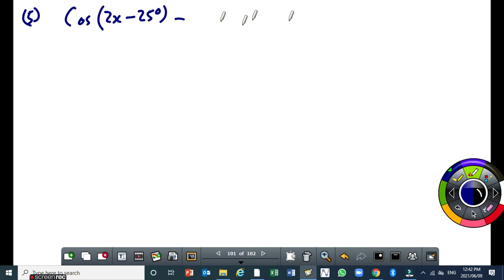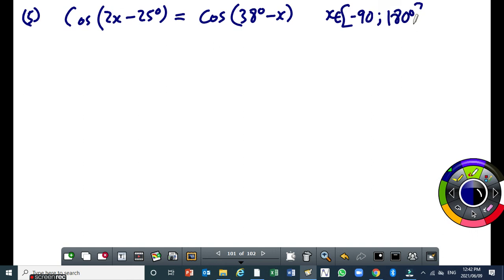And here our x must be between minus 90 degrees and 180 degrees. Which means we have to find the general solution first, then use it to determine all the values between minus 90 and 180 degrees.